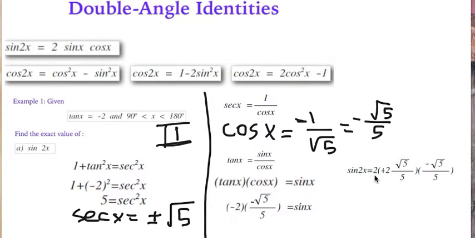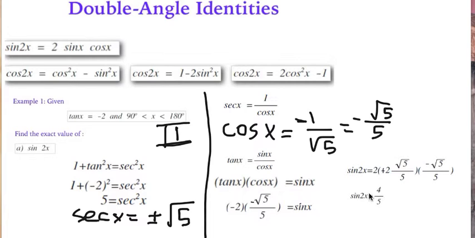You need to simplify this. 2 times 2 is 4, and then square root of 5 and square root of 5 multiply to give 5, which cancels with the 5, so you get only 5 in the denominator, with your minus. So you get sine 2x equals minus 4 over 5.